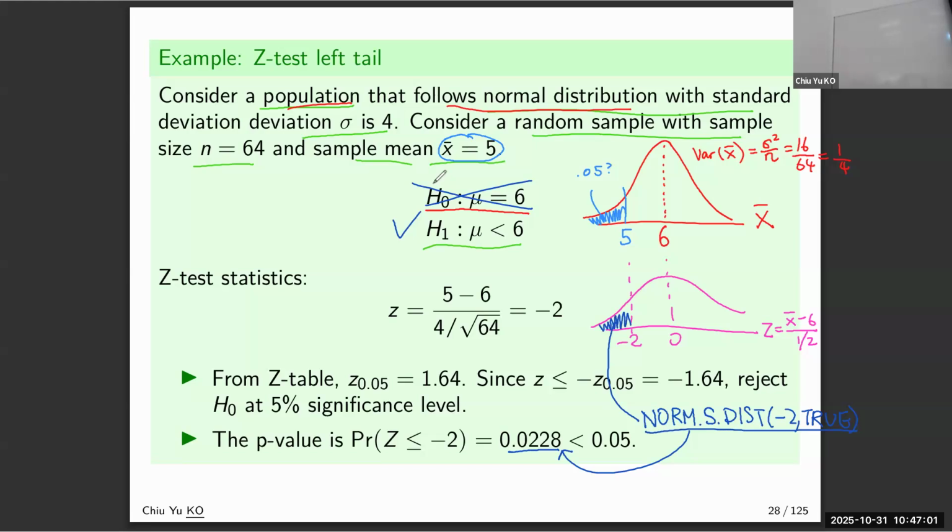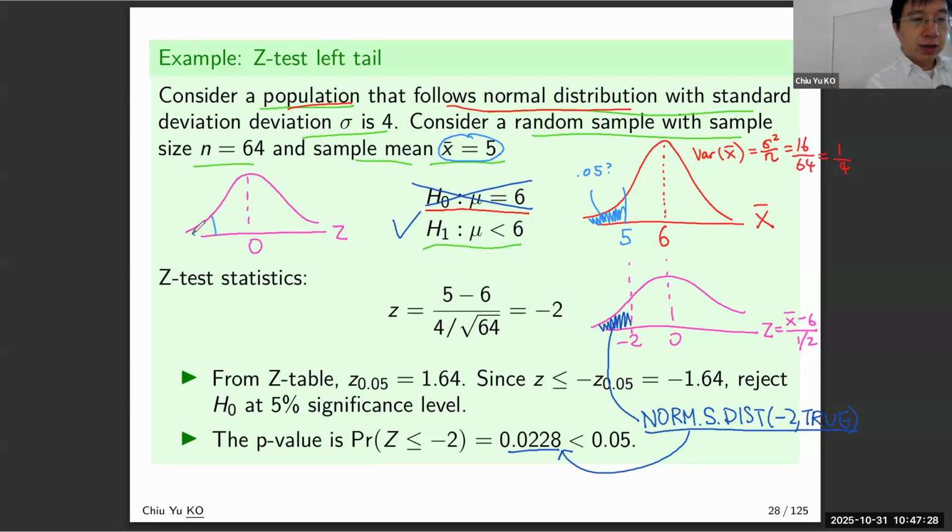Okay. Alternatively, you can use what we call the critical value method. Which is Z zero.